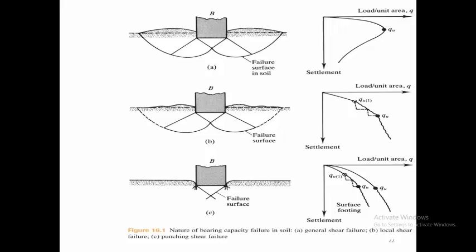Okay? So if that is the case, there is no heaving of the soil, nor tilting of the foundation. So large settlement is expected without a clearly defined ultimate bearing capacity. Punching will occur in low compressible soil if the foundation is located at a considerable depth below ground surface.